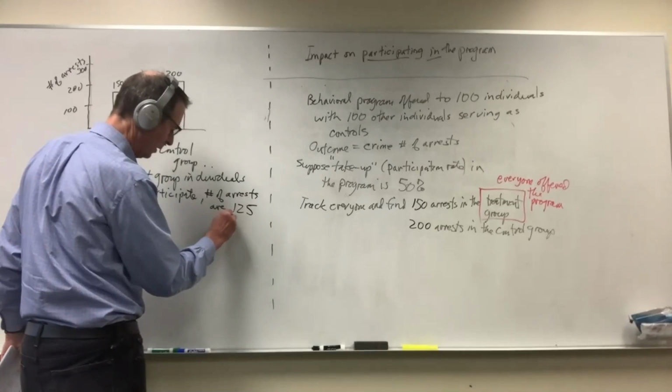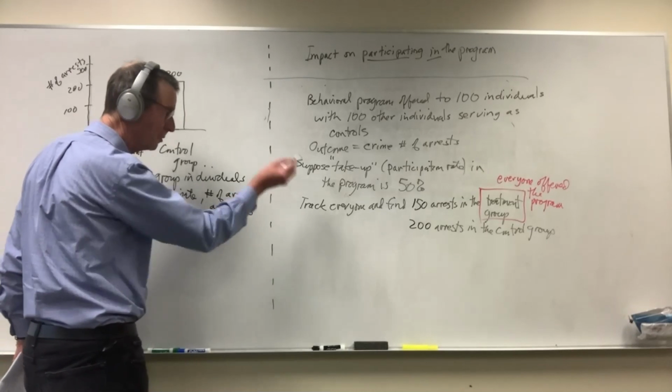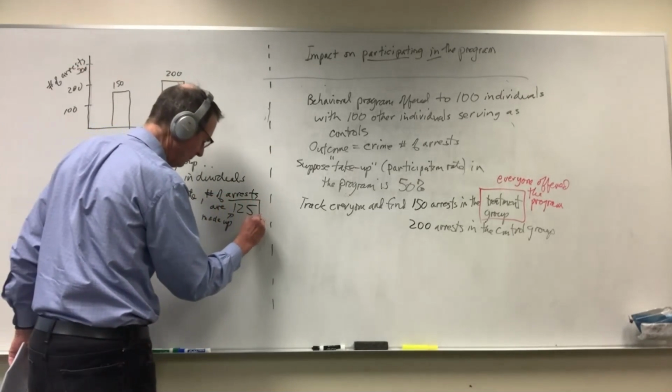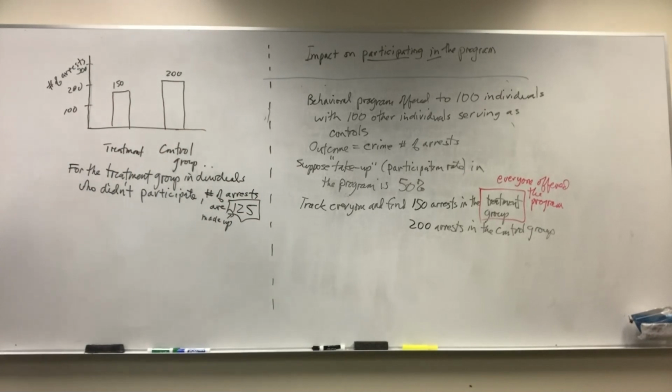This is just made up, just as the other numbers are made up. But we've got 125 arrests recorded for the people who were offered a chance to be in the program and didn't participate.